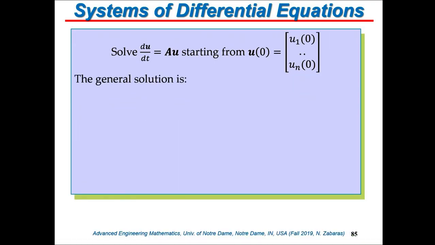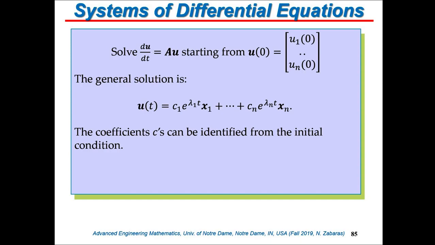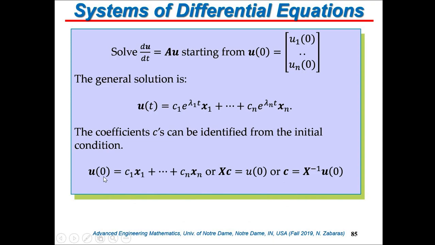All right, so back to the same system. This is what the general solution is all about. And let me write something about the initial conditions. So if you expand the condition u0 in terms of the eigenvectors x1 to xn, and here we're assuming that we have n distinct eigenvectors and n distinct eigenvalues, they form a basis of my R^n space.